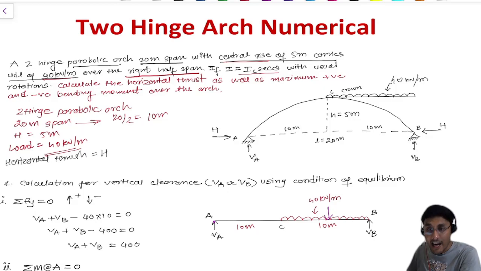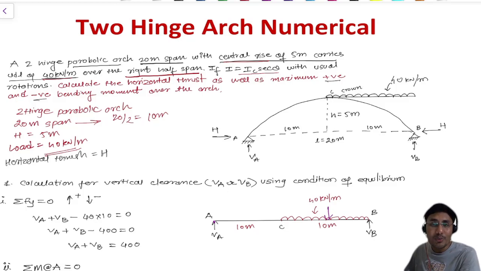We need to calculate the horizontal thrust, which is always denoted by H, as well as the maximum positive and maximum negative bending moment over the arch. Based on these available data, we need to solve this numerical.